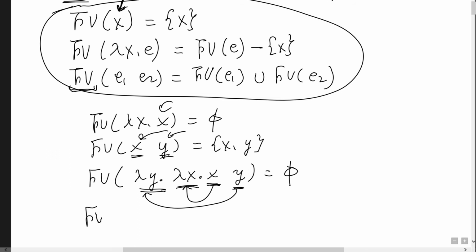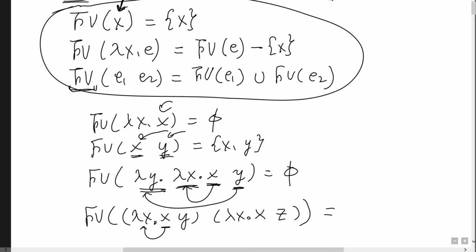The last case is lambda x, xy applied to lambda x, xz. So this x is bound, but this variable y has no corresponding lambda binder, and this variable z has no corresponding lambda binder.